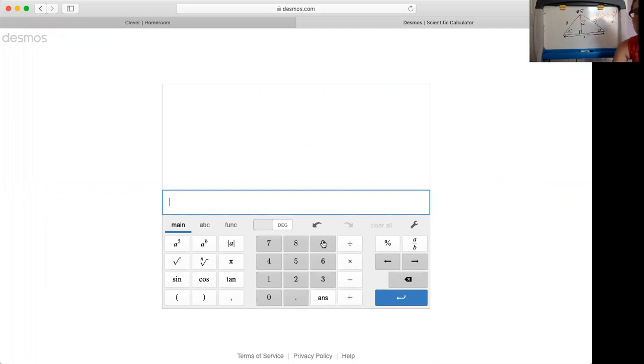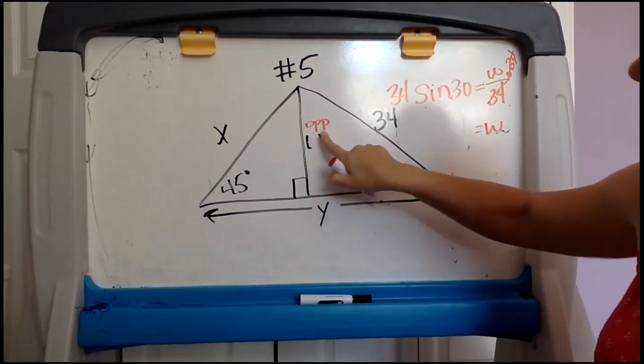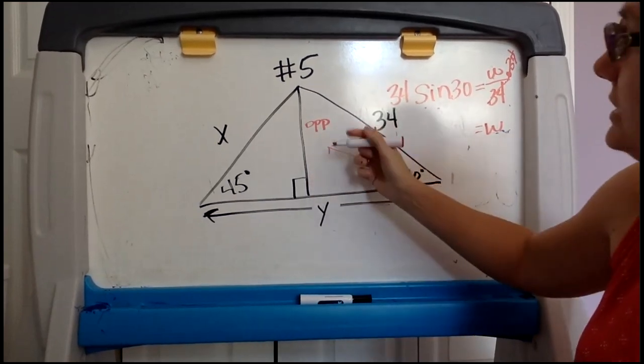And then over here, you can see that we have sine, cosine, tangent. Well, I'm using sine. And inside the parentheses, you put the angle. And the angle was 30. So that's telling us that W is 17. So that means this side length here is 17.